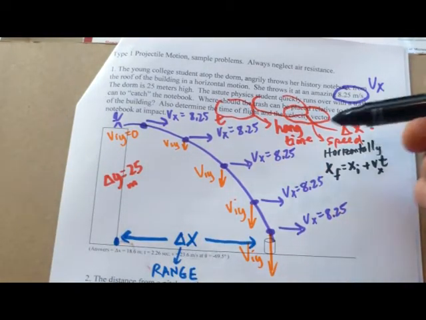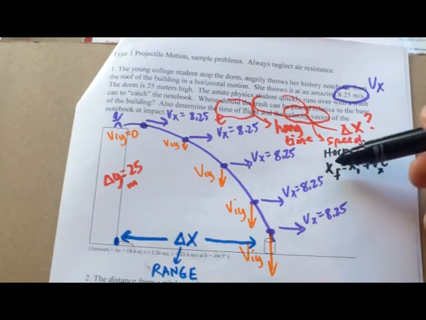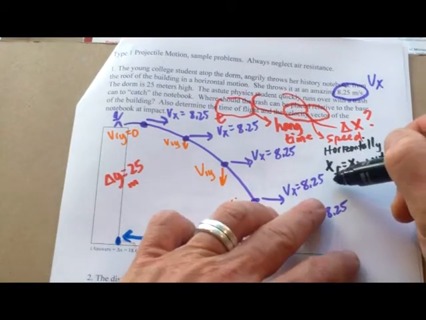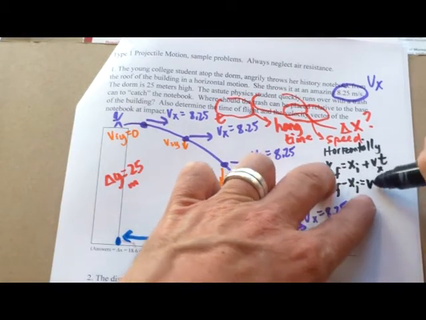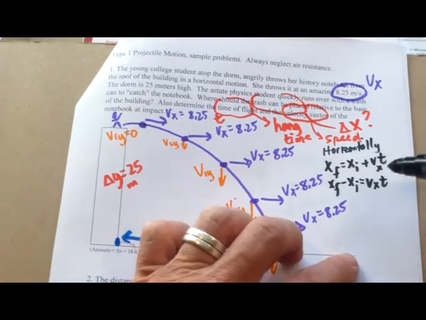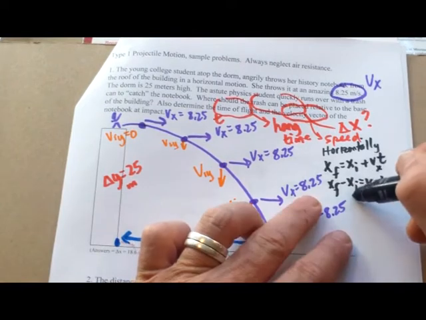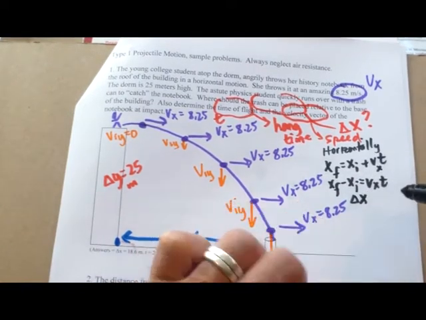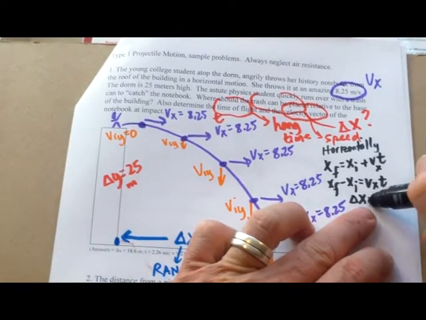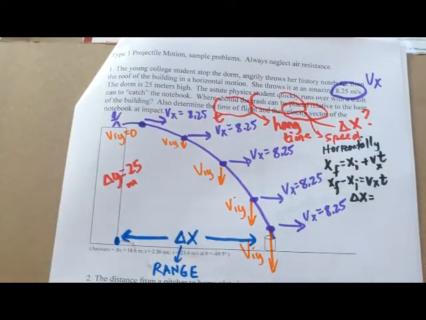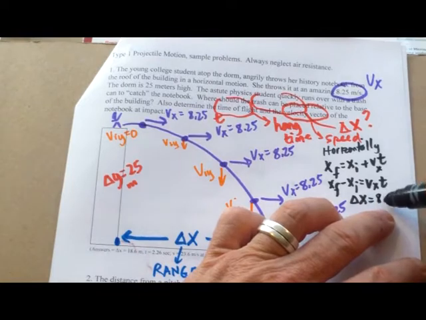Well, if we put this x sub i on the other side, we get x sub f minus x sub i equals v sub x t. But this x sub f minus x sub i is a delta x, right? That's what we want to find. That's the range. That's going to equal v sub x t. Well, v sub x was given to you, 8.25.